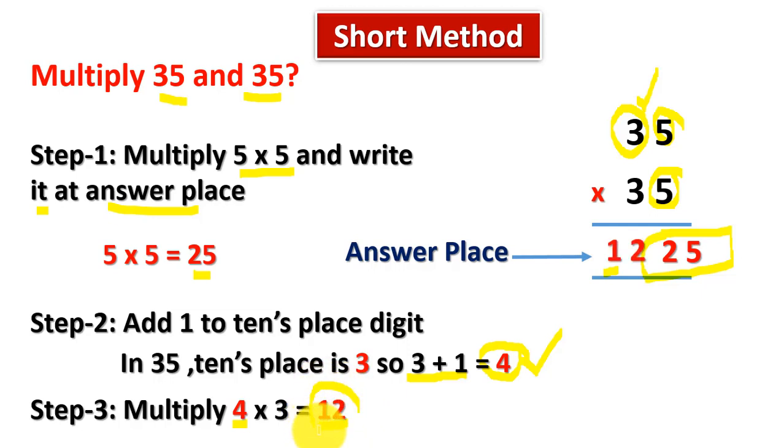That 12 you should write down at the answer place. That is 1225. Once you observe 35 and 35, you can get the answer 1225. This is the short way. This is the logic which can be applicable for two same numbers which end with 5 only.